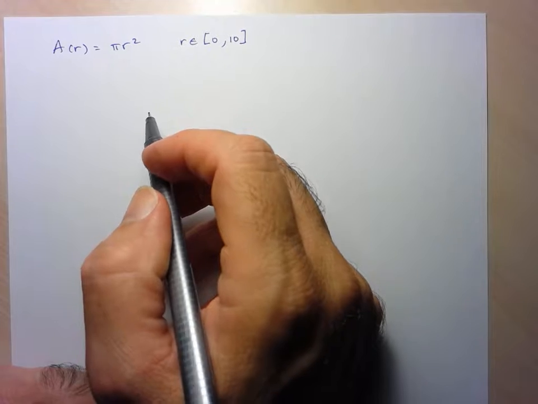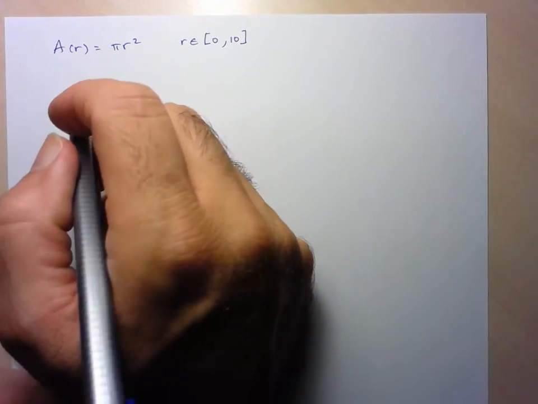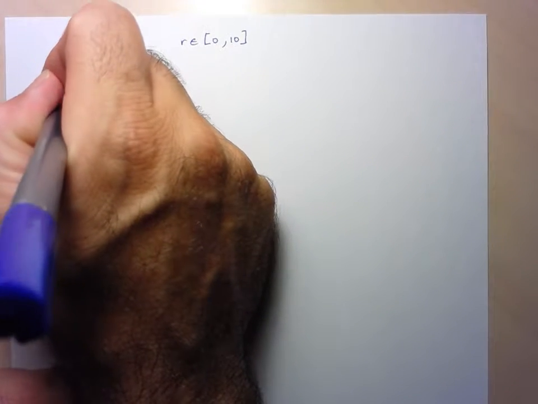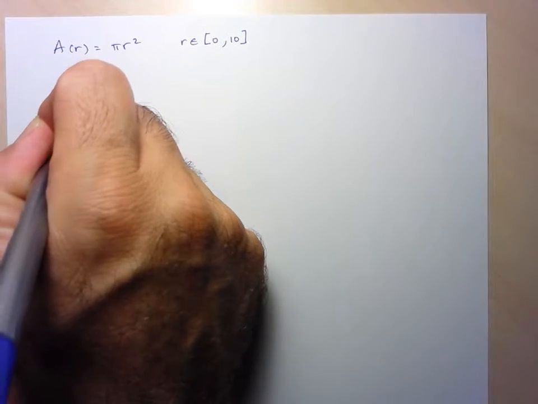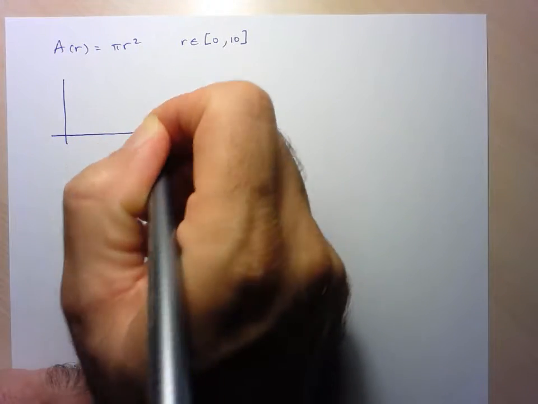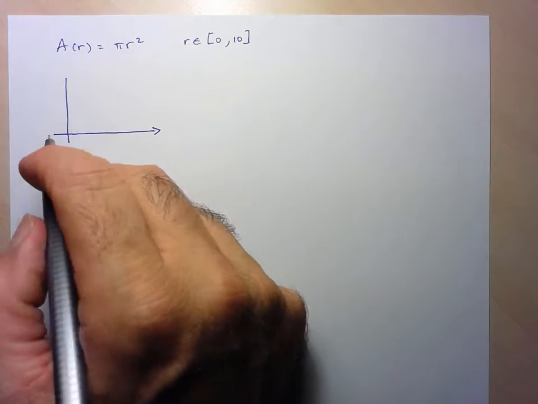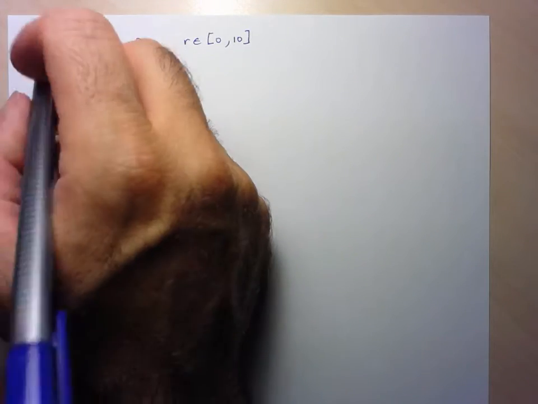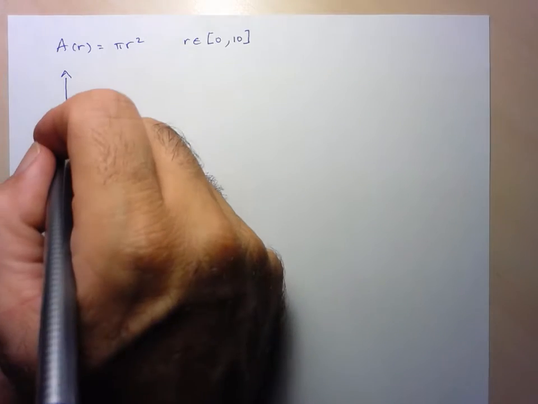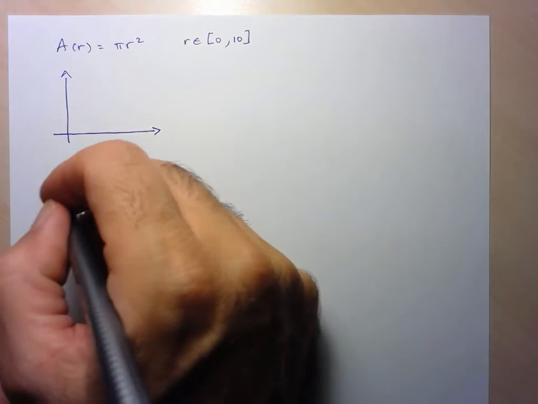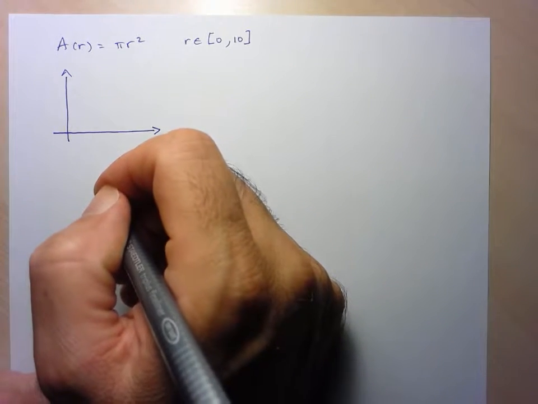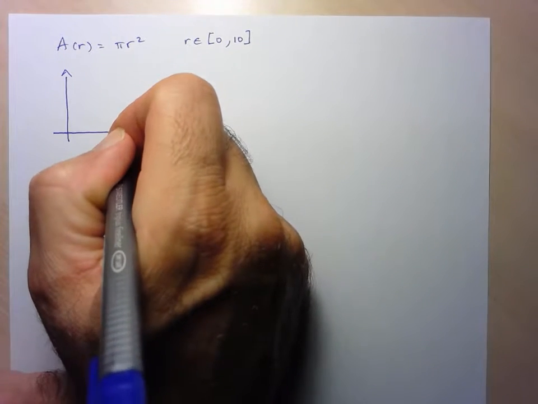Okay, so let's start by graphing this function. You notice I'm not going to go crazy trying to make this a perfect graph. I'm only interested in positive x values, so this is why I set up my axes this way. I'm only interested in positive y values, so there's no point in drawing a bigger graph with the negative portion. And here I'm going from 0 to 10.